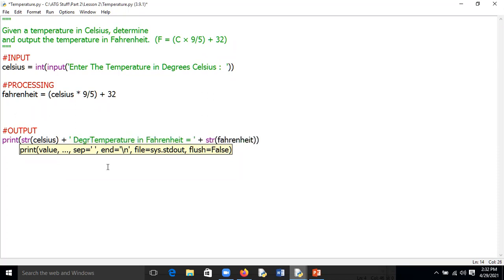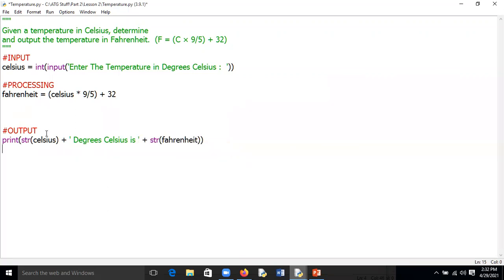We're going to say 17 degrees Celsius is, and I'm going to come here and we're going to say whatever degrees Celsius is, so many degrees Fahrenheit.